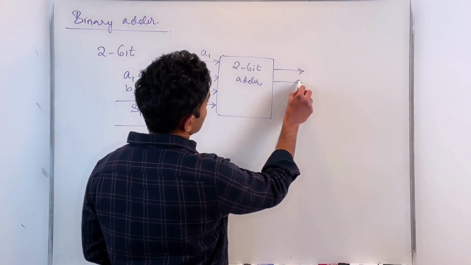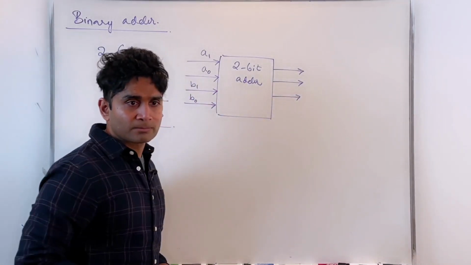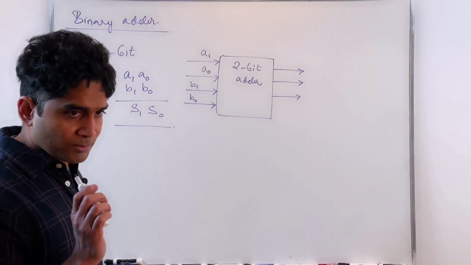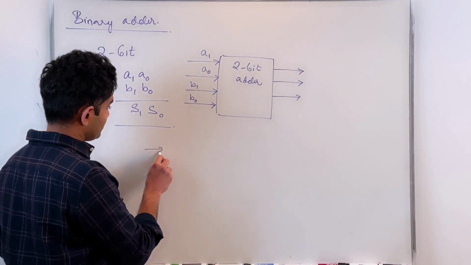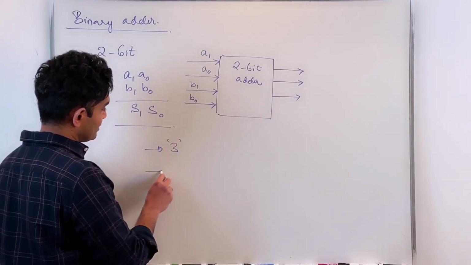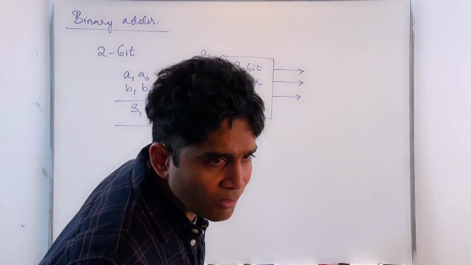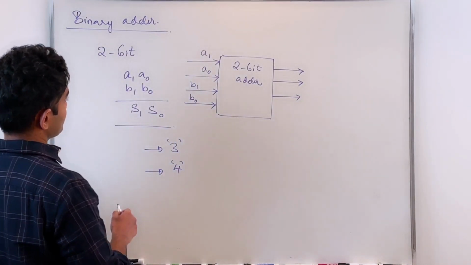So I have 3 as one of the answers, and I have 4 as another answer. Okay, 2 sums and a carry out. So I have 2 sums.